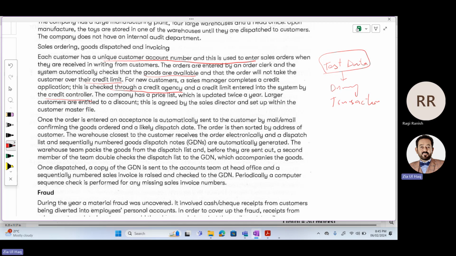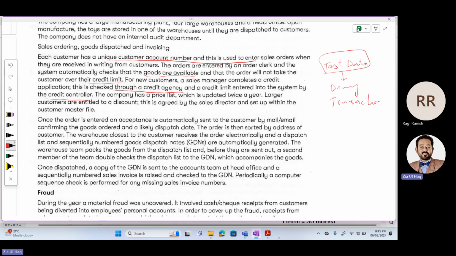Evidence will be sought by inspection of records relating to credit control authorization. This is to ensure all new customer accounts have been approved and the credit limit set by the credit controller.